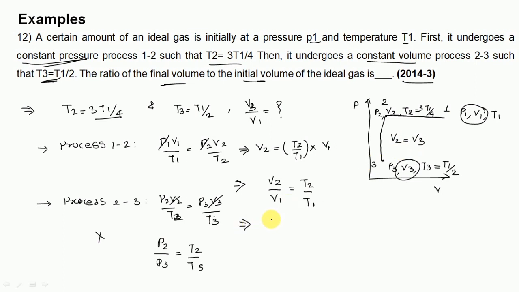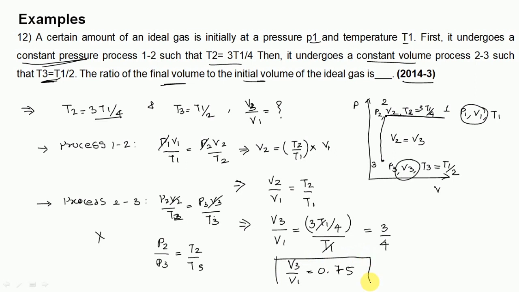So I can write V3 by V1 is equal to T2 by T1, and the temperature T2 value is given as 3T1 by 4 in the data. T1 cancels out, so the value is 3 by 4, or you can write V3 by V1 is equal to 0.75.